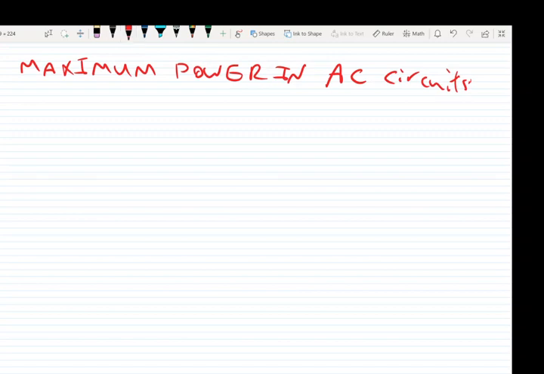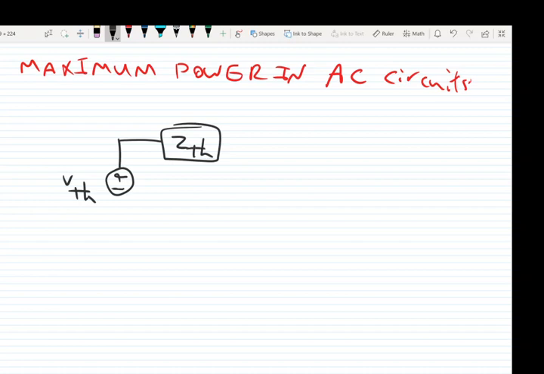Okay, so in an AC circuit, we have a Thevenin equivalent voltage source, Z Thevenin, and ZL.